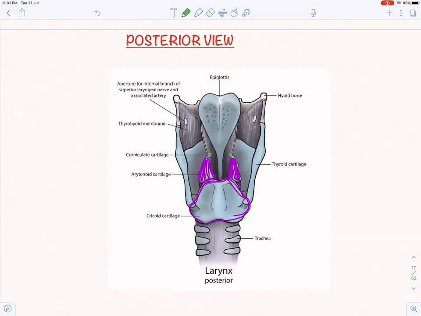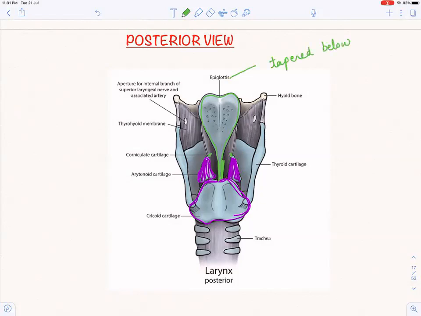And here there is epiglottis. It is a flap-like structure that is tapered below.